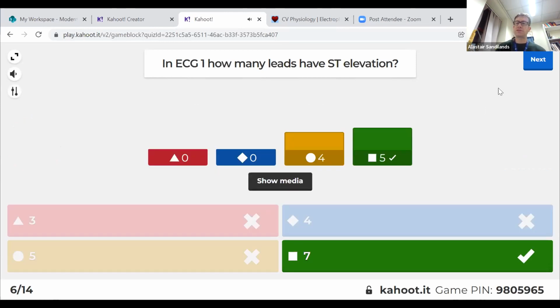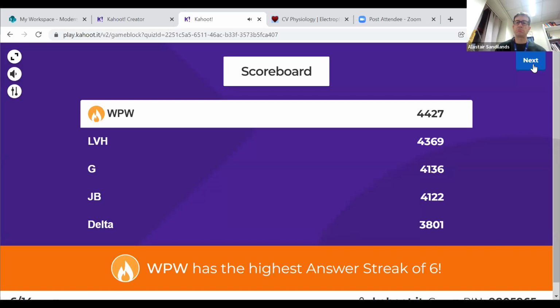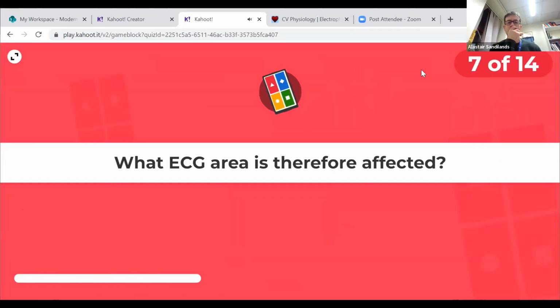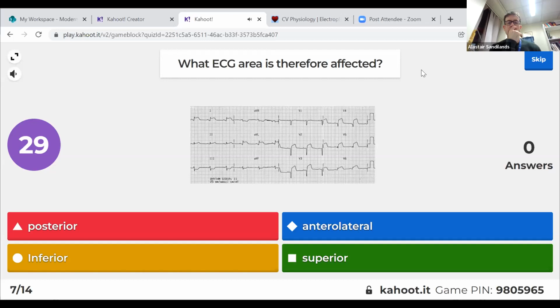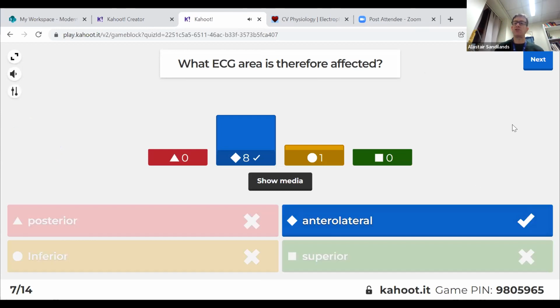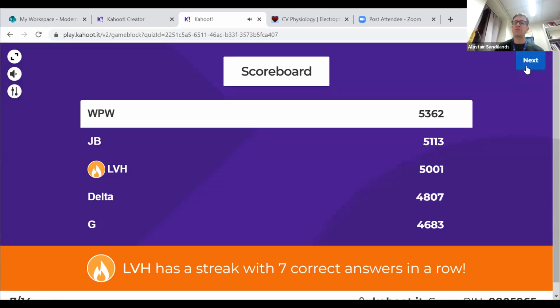Yeah, seven. Yeah, anterolateral. Bit of a long time on that question.